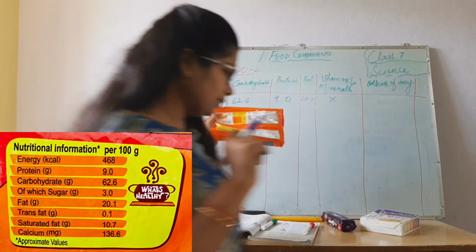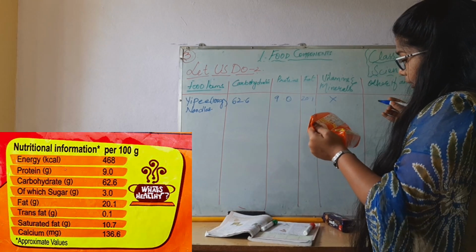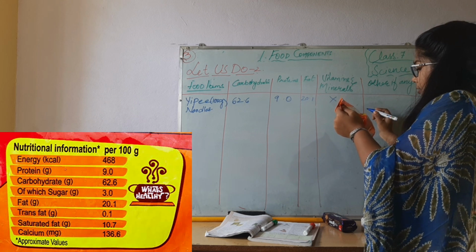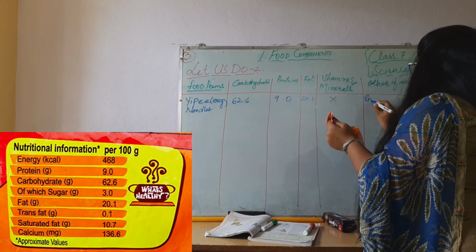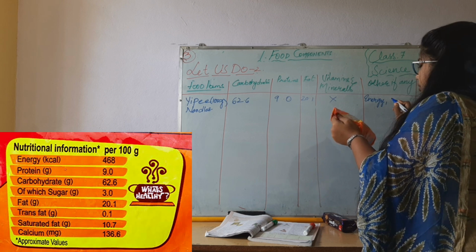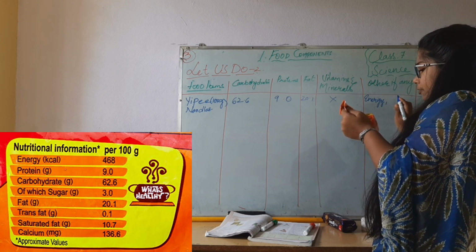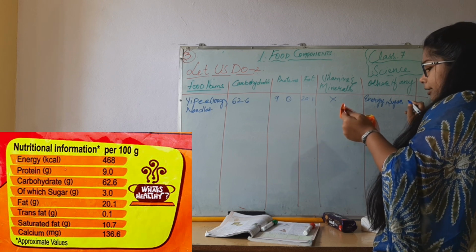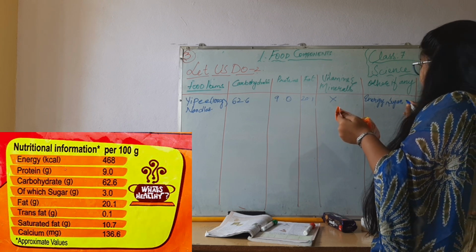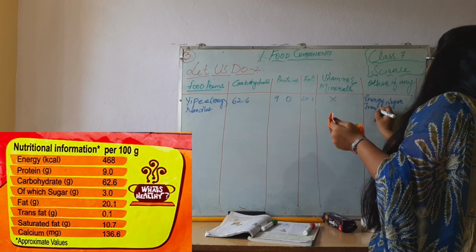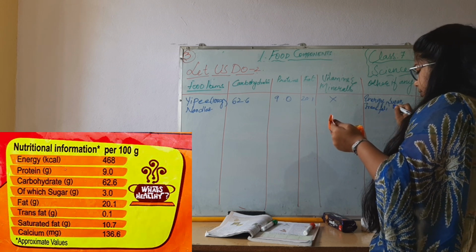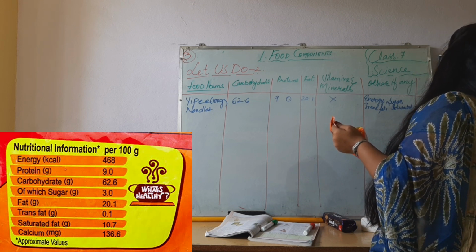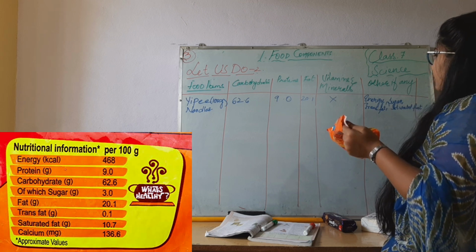So let's write what is there. Energy they have given. Carbohydrates will give more energy, of course. And sugar, trans fat, saturated fat are added here.